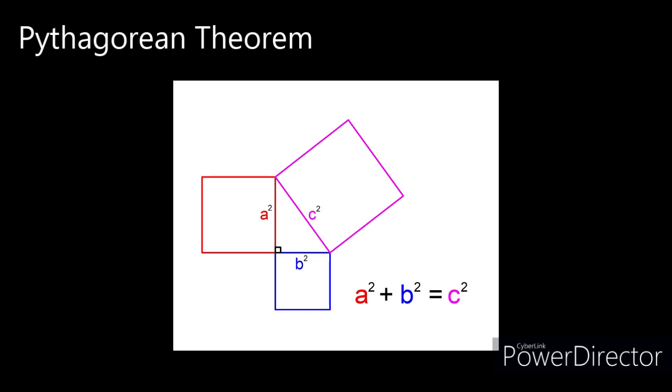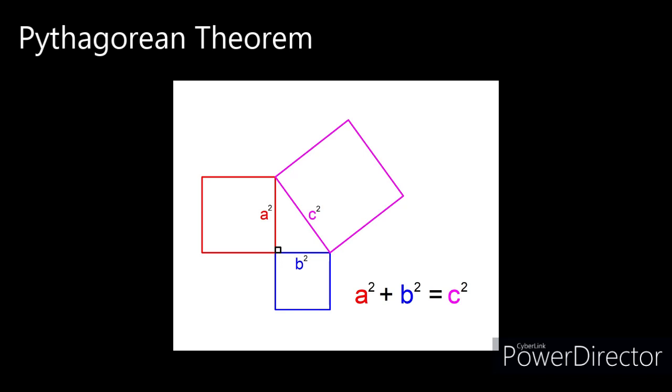In formula, the Pythagorean theorem looks like this: A squared plus B squared equals C squared. A, B, and C each represent a side of a triangle, with C always being the longest side. The Pythagorean theorem states that the squares of the two shorter sides is equal to the square of the longest side. Let's not forget that this theorem will only apply to right triangles.